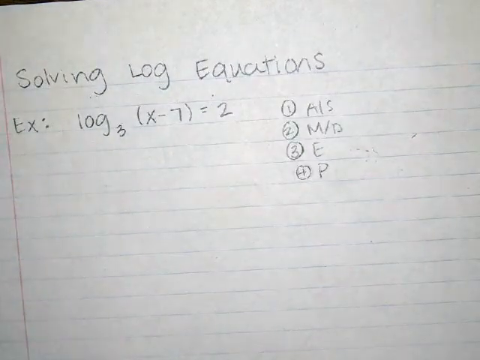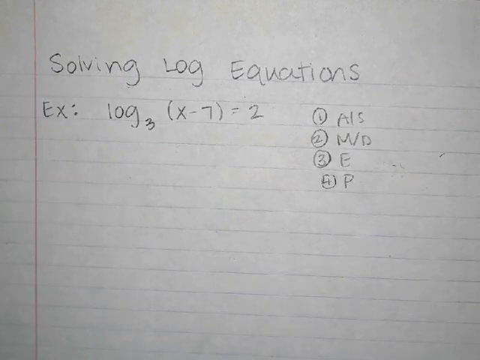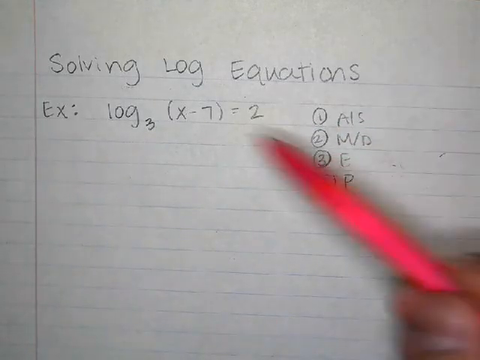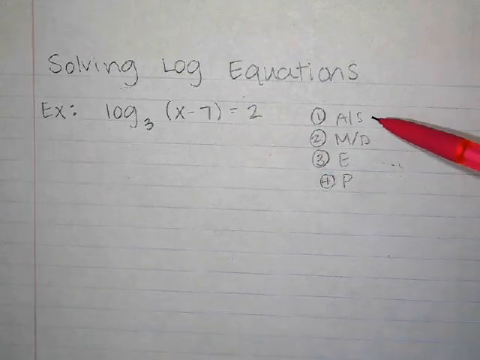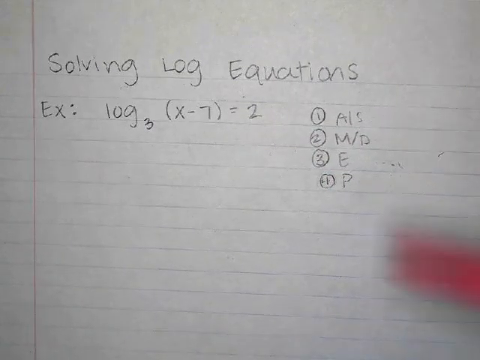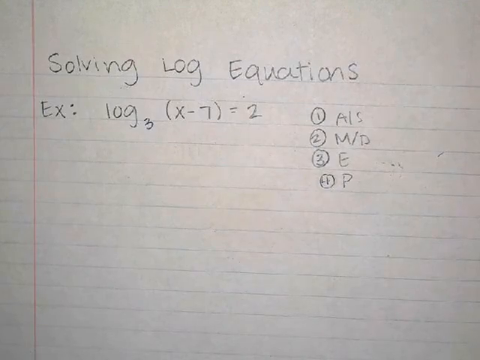All right, so first thing for this problem, there's not something we could add or subtract to the other side to get the x alone. There's not something we could multiply or divide to the other side to get the x alone.